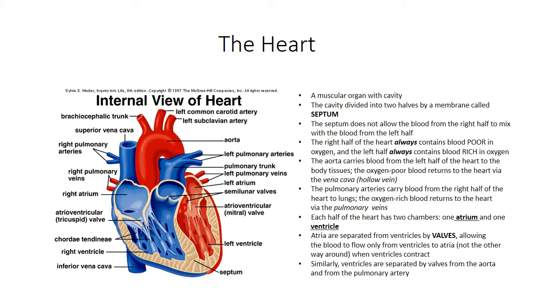Then there are borders between the atria and ventricles. The word atrium, Latin, is singular. In plural, it's atria. So atria and ventricles are separated by special structures which are called valves.